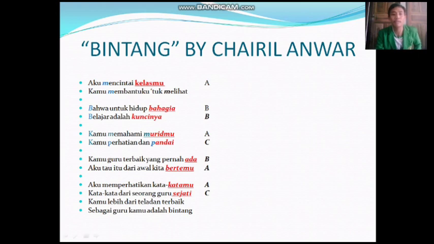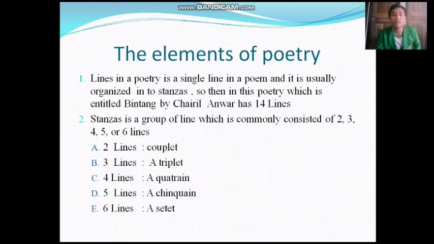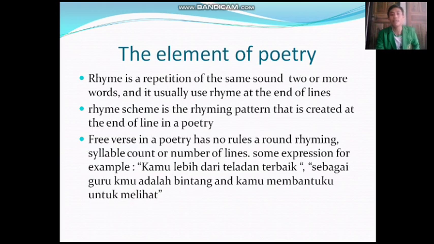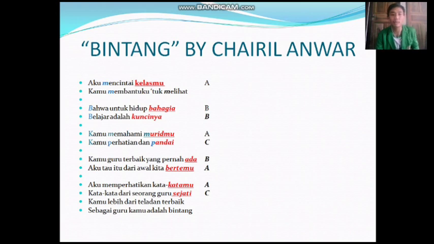It is usually located at the end of the sentence, like kelasmu bahagia, kuncinya muridmu pandai, and ada bertemu katamu sejati. Talking about the rhyme scheme, it is the rhyming pattern created at the end of the lines in a poem. For example, in this poem the rhyme scheme is A B B A C B A A C.